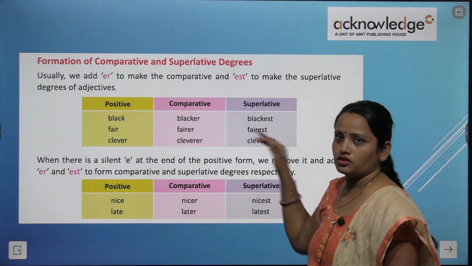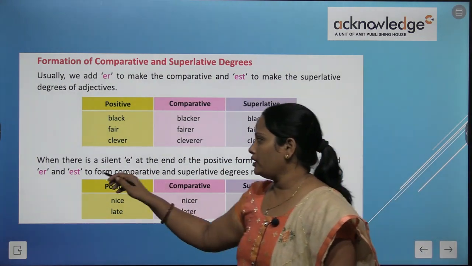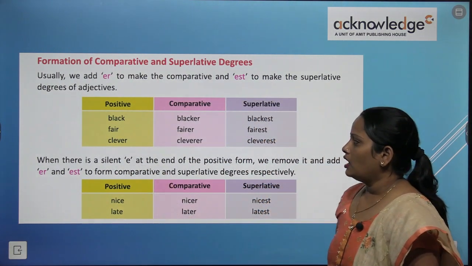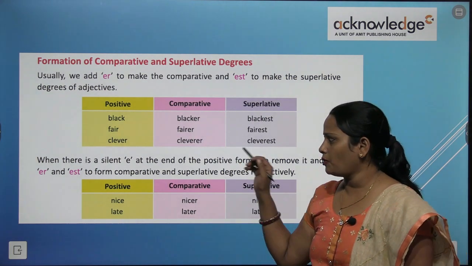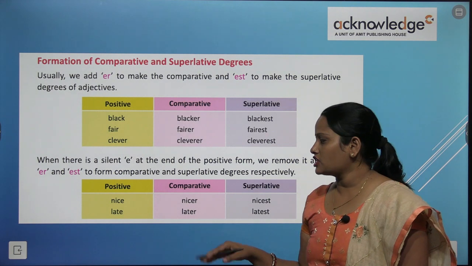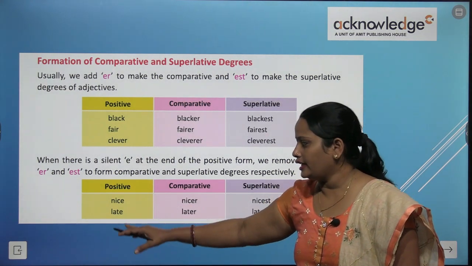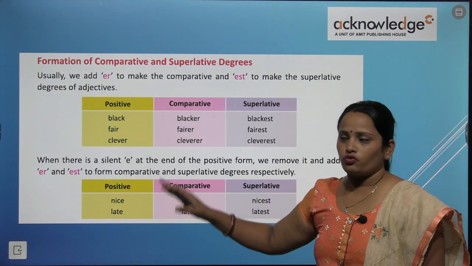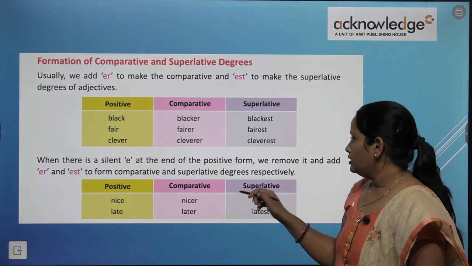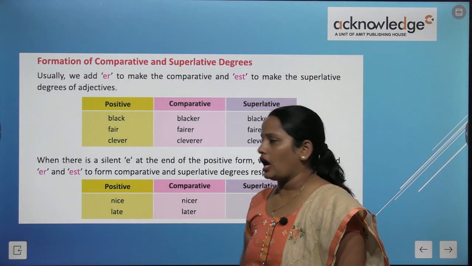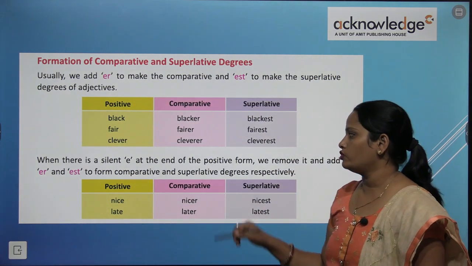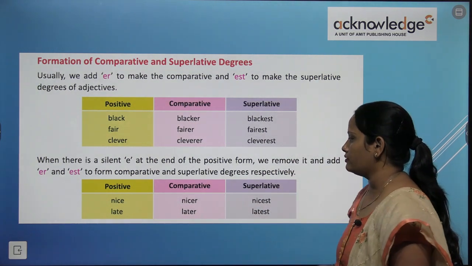So these are the three degrees. Now when there is a silent E at the end of the positive form. So positive form के last में एक silent सा अगर E लिखा हुआ है पहले से, we remove it and add ER or EST to form comparative or superlative degree.